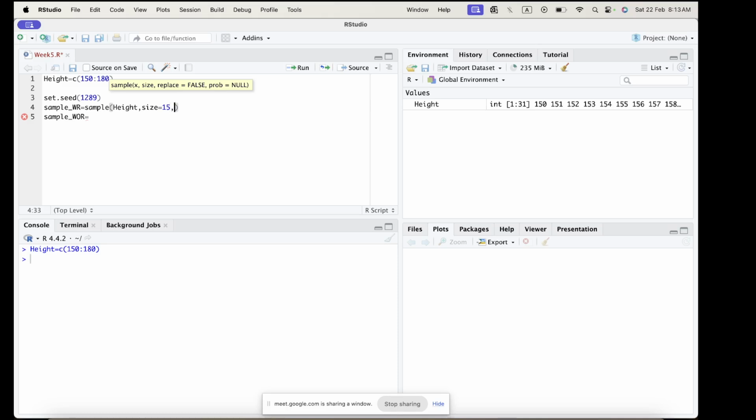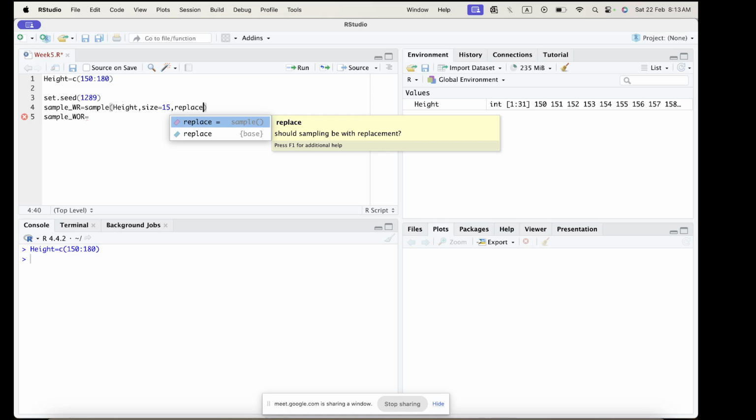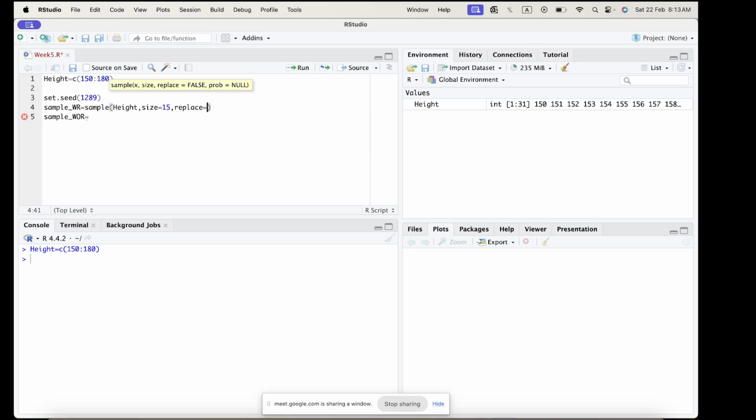Since by default it's without replacement, I have to add replace equal to TRUE. Similarly I will have sample height, size equal to 15, replace equal to FALSE. Let me just run everything all together.